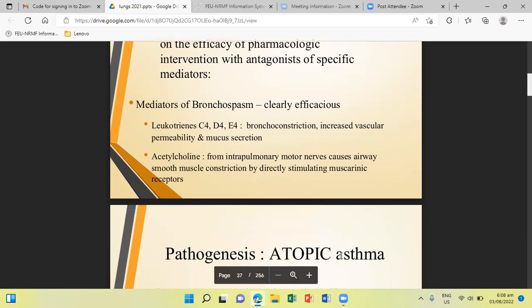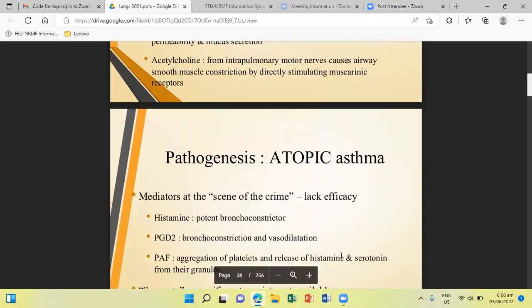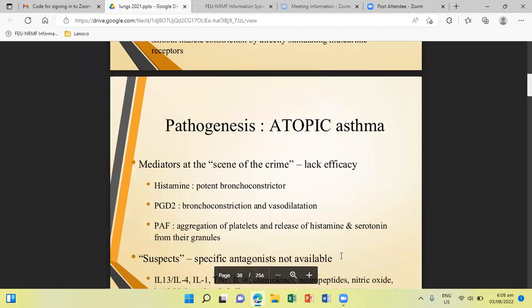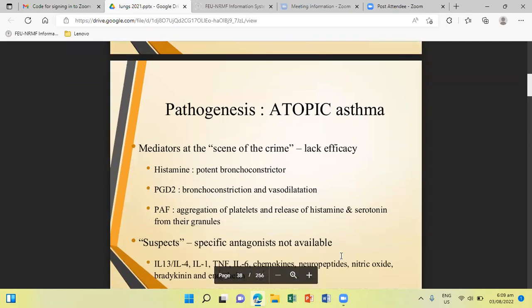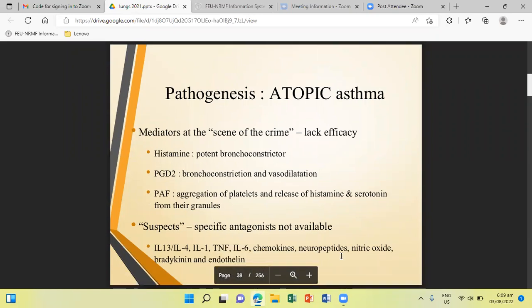The next group would be mediators which are present at the scene of the crime, but whose actual role in acute allergic asthma seems to be relatively minor, given the lack of efficacy of potent antagonists or synthesis inhibitors.